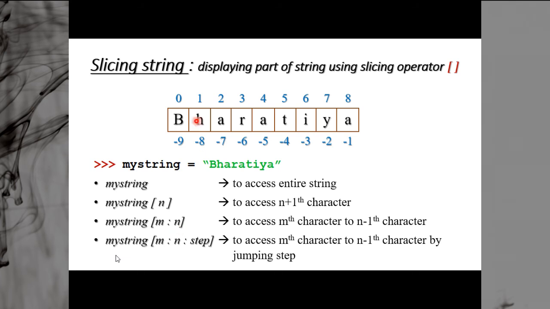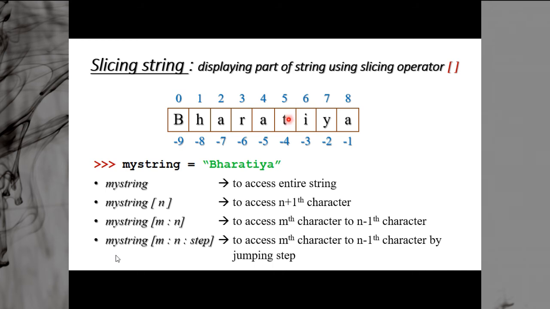Like if I want to access Bharat, B-H-A-R-A-T, what will I do? I will do my string 0, because I want to start from B of Bharat, and I want to go up to T. So I will say my string 0 colon 6, before 6.